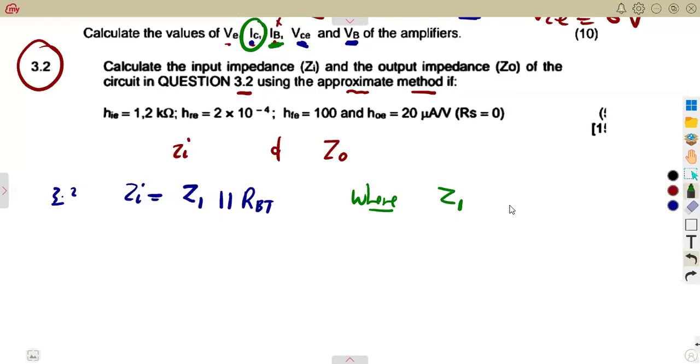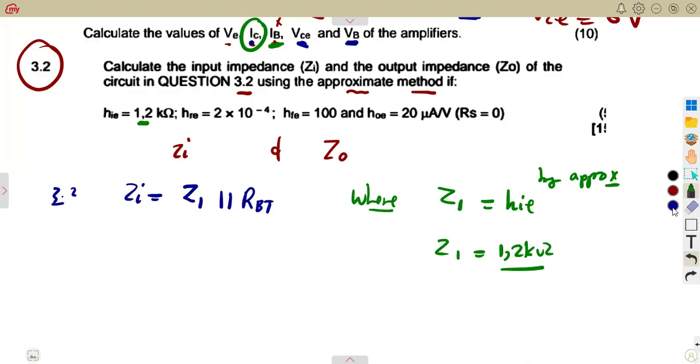But it's Z1. So Z1 will be approximated to HI. This is where the approximation plays a role. So if we approximate that Z1 is now equal to HI, we are no longer calculating it. We are now just taking it because HI is there. We are just taking it, 1.2 kilo ohms. So this is the only part that has changed.